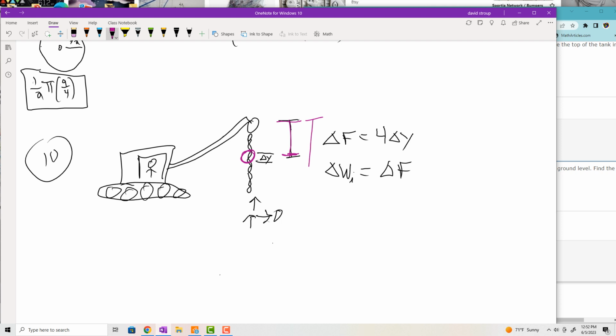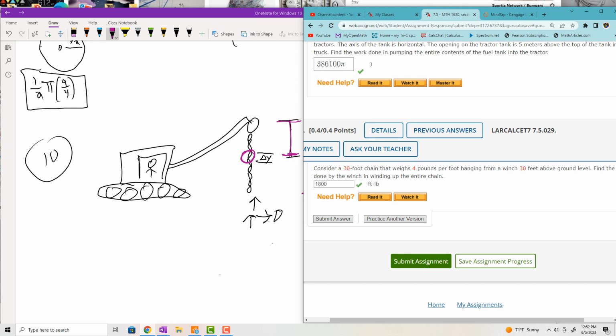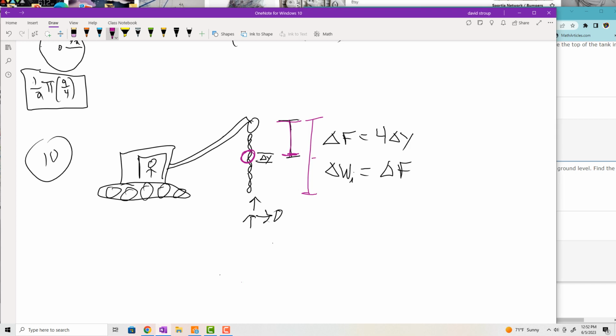Well, it's going to be the total distance, which is the length of the chain from the winch to the ground, which is 30 feet. And then minus off its position. This distance here, you would think of it as y. So the length that little hunk of chain has to travel is going to be 30 minus y.